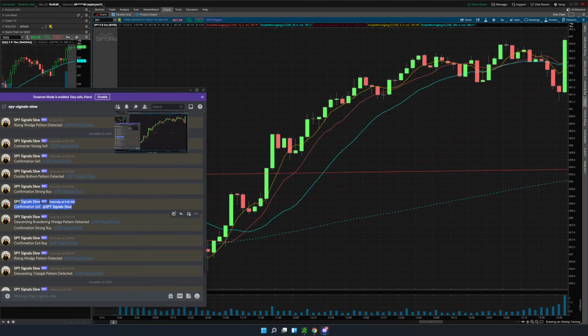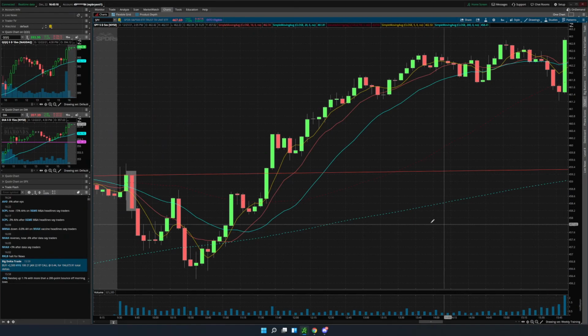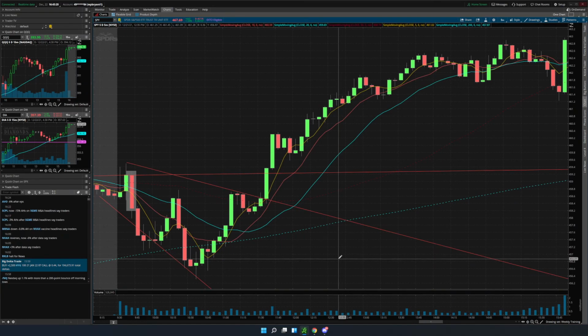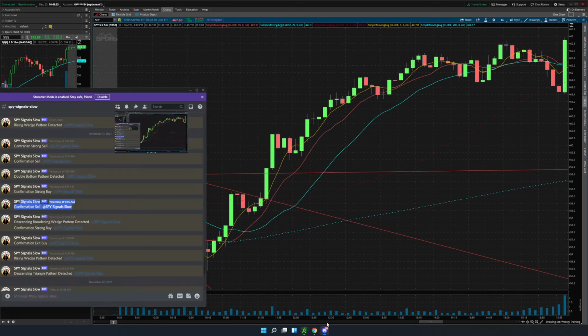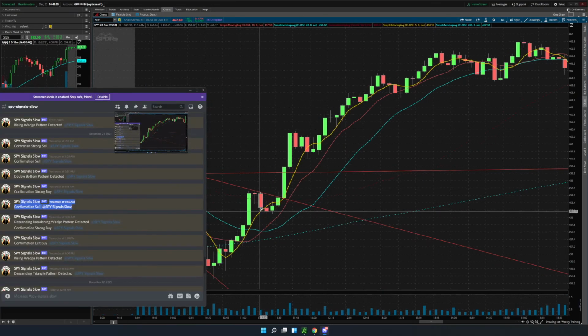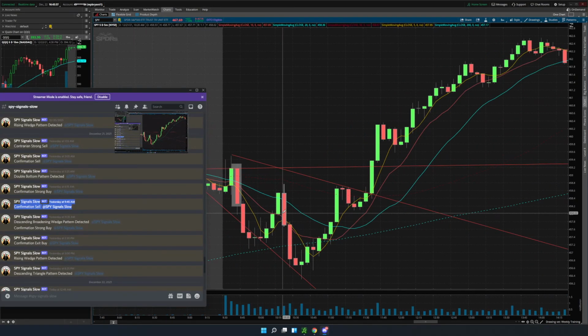And then nothing really much happened until we got this descending broadening wedge pattern. So what does that look like? Descending broadening wedge triggered at 11:35. That is this right here. Okay, so you draw that on your chart, and this is what the pattern looks like. It's telling you what the pattern is.